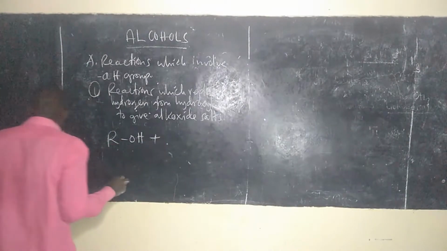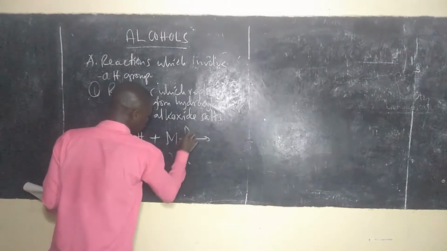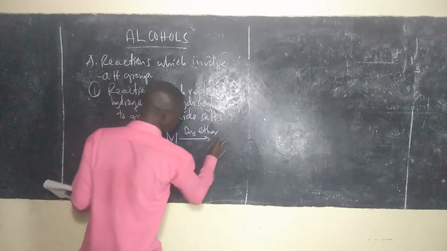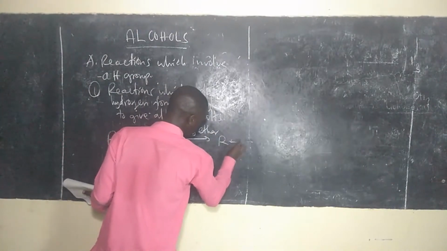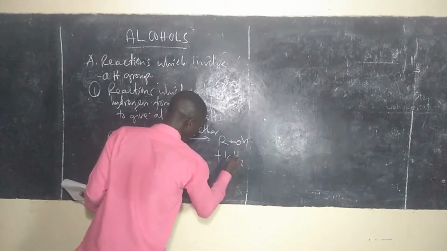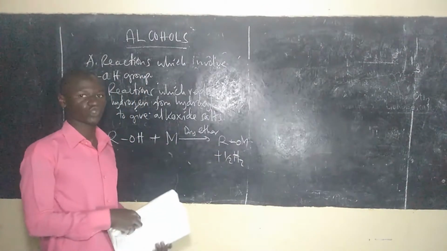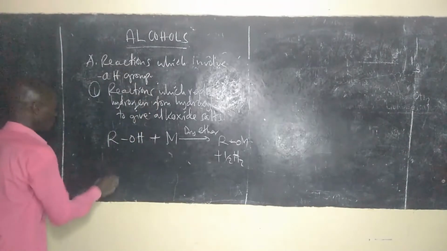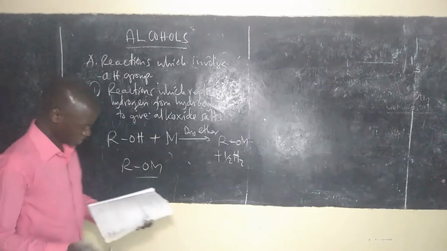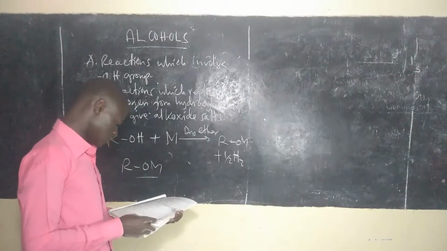ROH, which is our alcohol, and then we treat it with the metal M in the presence of dry ether, tutapata compound ambayo ni R, then OM plus hydrogen gas. Kwa hiyo hii hapa ndio inaitwa alkoxide salt. It is RO then M, alkoxide salt.